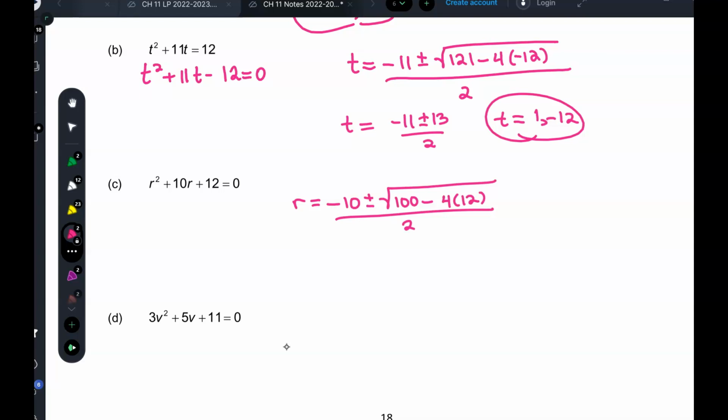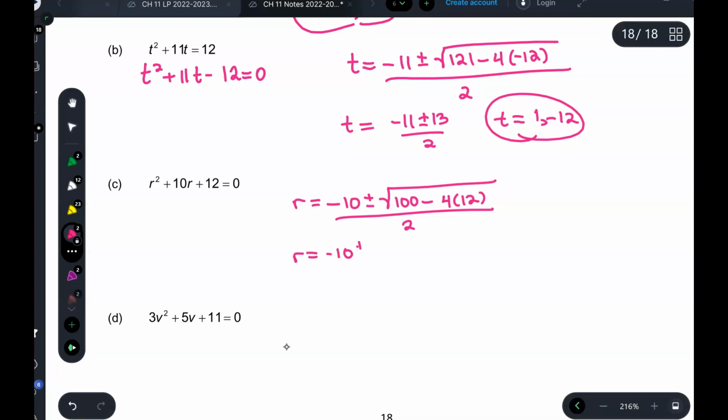What's the square root of 52? Does anything go into that? Yes, 4 times 13. So it's going to be negative 10 plus or minus 2 root 13 over 2.